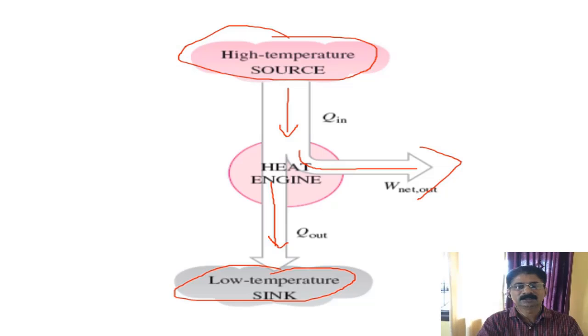You see this device shown as heat engine here. Internally there may be many parts which make up this heat engine, but it absorbs heat from the high temperature source, converts part of that into work, rejects the remaining into the sink, and it works in a cycle.